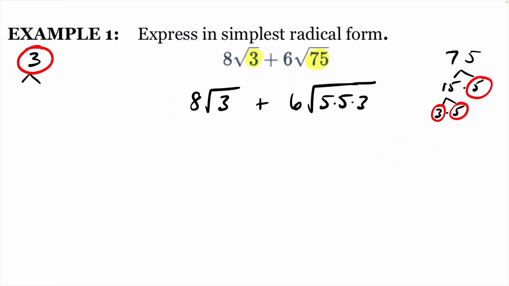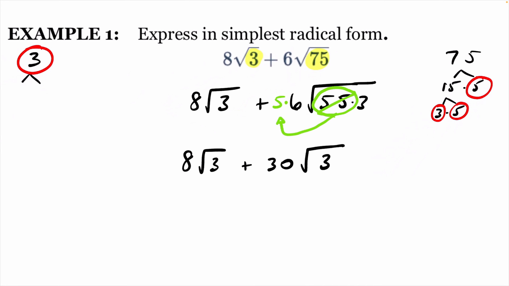Look for pairs. Pairs of 5s. 5's going to come out, multiply, and then that's gone, just like we did yesterday. So you're multiplying 5 not times 8, because that's a different radical. You're only multiplying it times the radical you're working with. So 5 times 6 is 30, right? So we got 8 square root 3 plus 30, and then the only thing that's left is the 3.